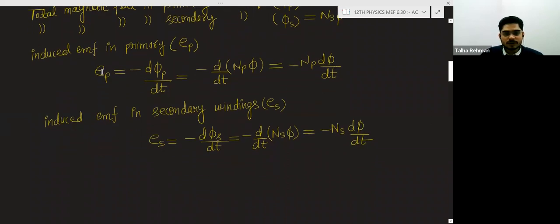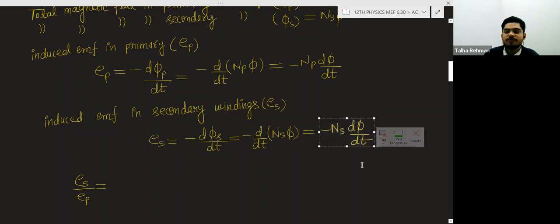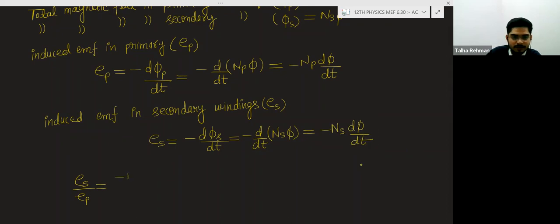Okay, now can we do ES divided by EP? Basically your ES is equal to minus NS d phi by dt, and EP is minus NP d phi by dt.